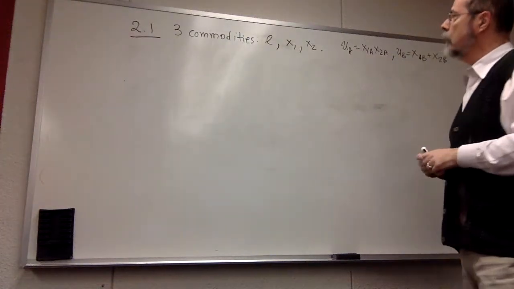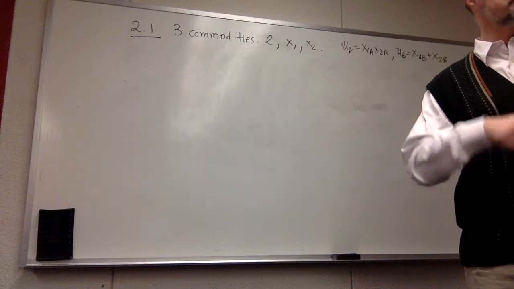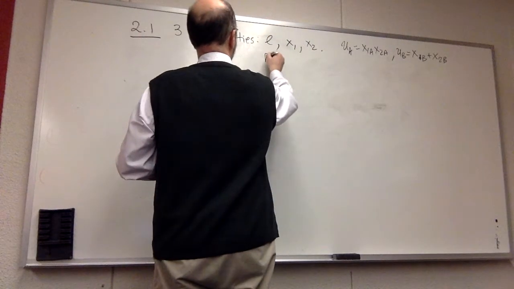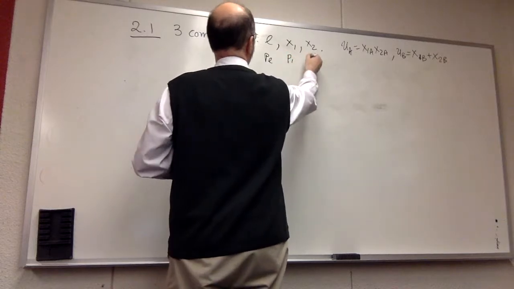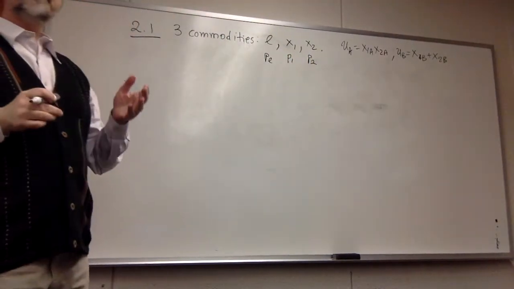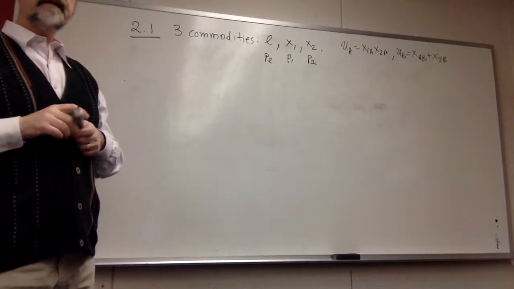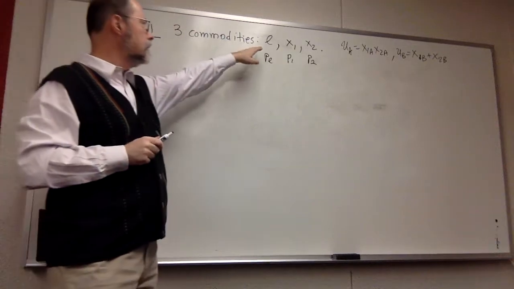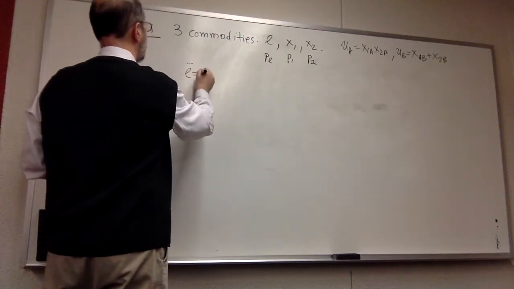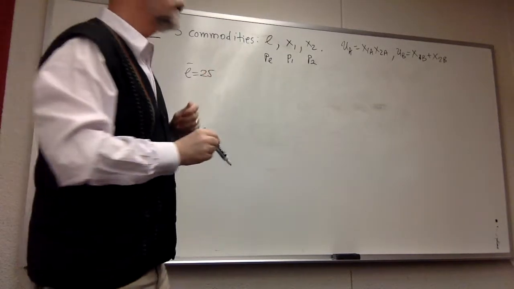So let's put notation for the prices, and then I'll write down the production functions and start. For the prices, I propose this notation: PL, P1, P2. By the way, an endowment L bar of 25 is owned by person A, right?